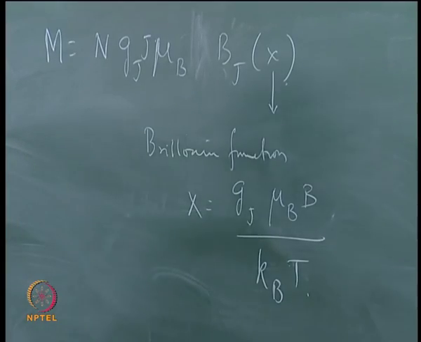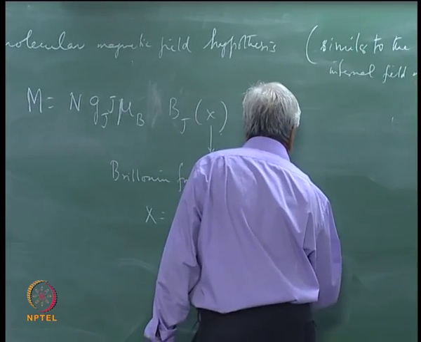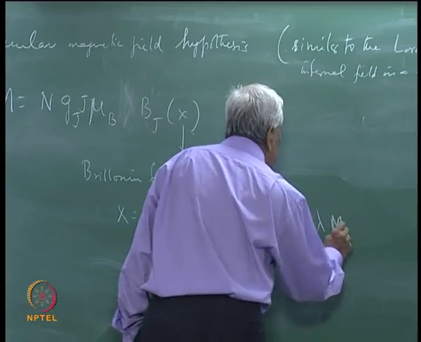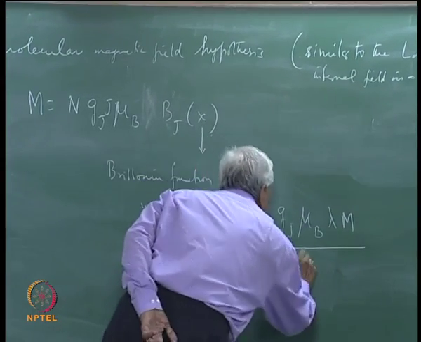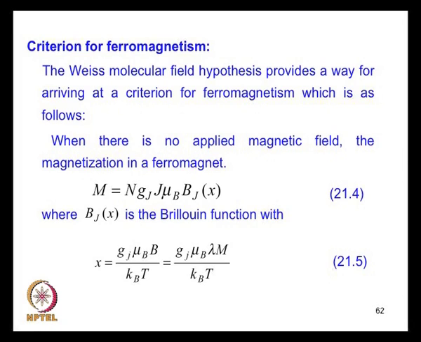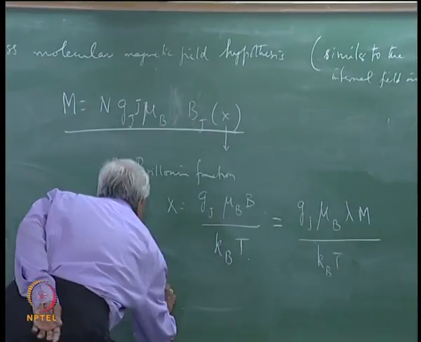And since we know that in the absence of an applied magnetic field, this will simply be g J mu B lambda m, which is the Weiss molecular field, by K B T. So, we have already one equation governing the magnetization, and now by inverting this, we get another equation for the magnetization.